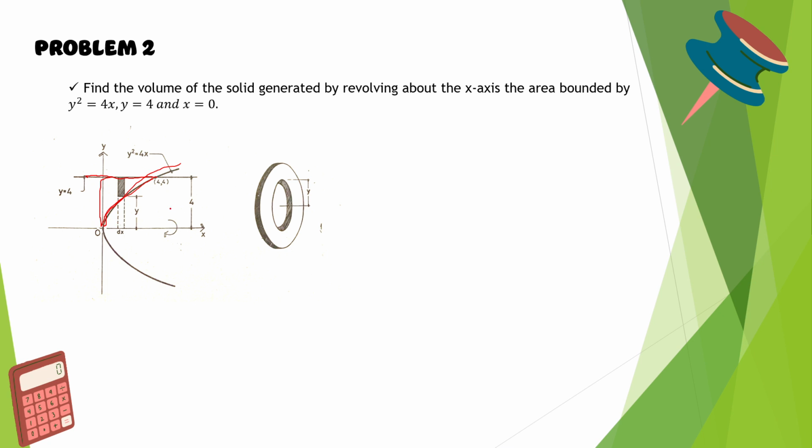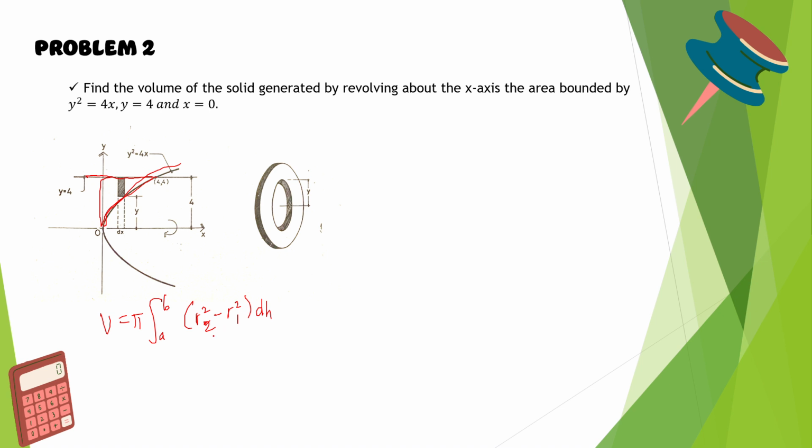So we have to use the vertical strip here. With the vertical strip, our cutting is in terms of dx, or the width is in terms of dx, and the height is this one. We need to have the volume equal to pi from a to b, r squared dh.